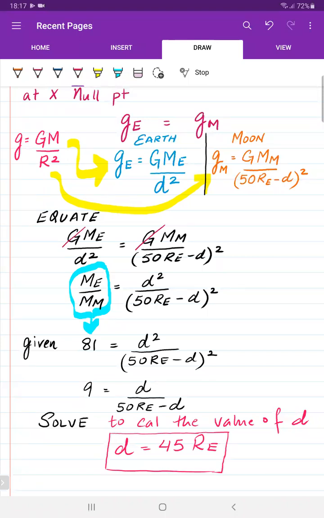So if I go back to the original diagram, just so that I can write this value if needed.